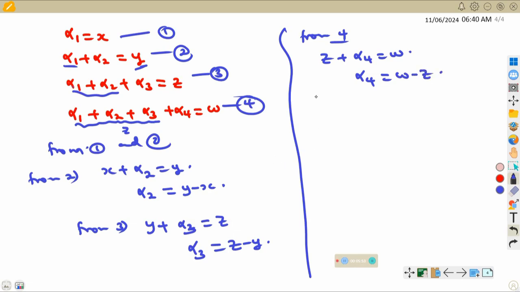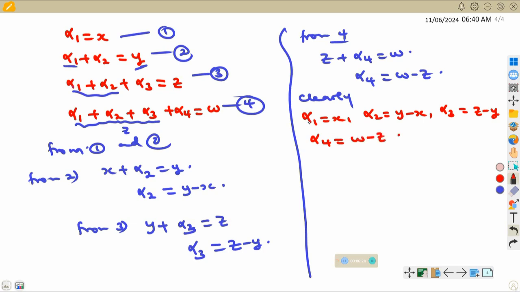Okay, so clearly we have the values for alpha 1 as x, alpha 2 as y minus x, alpha 3 as z minus y, and alpha 4 as w minus z.